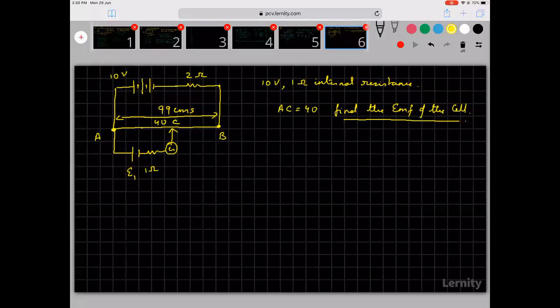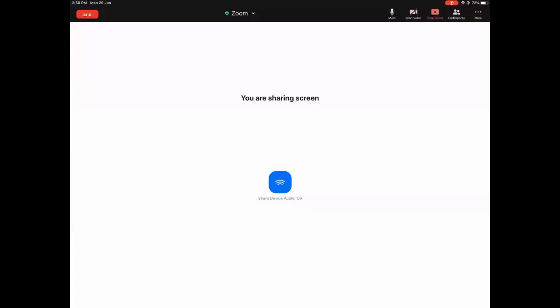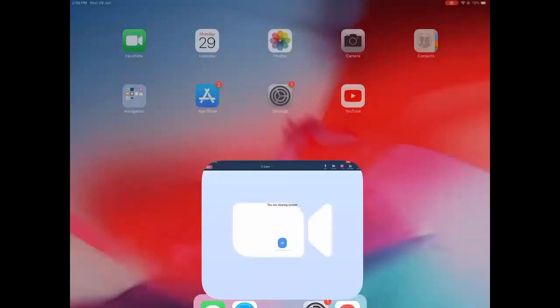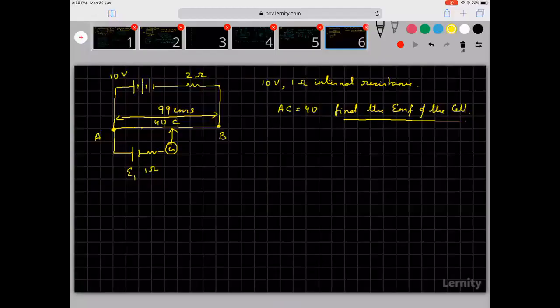Okay, so the way we go ahead with this is this. First, we need to understand, the balance point is given as 40, and all other values are given. The internal resistance is given to you as 1 ohm.